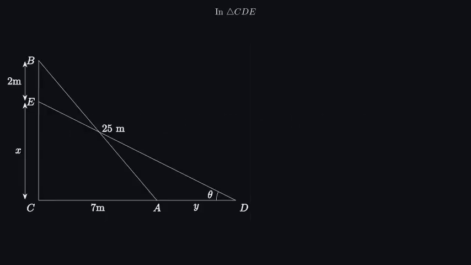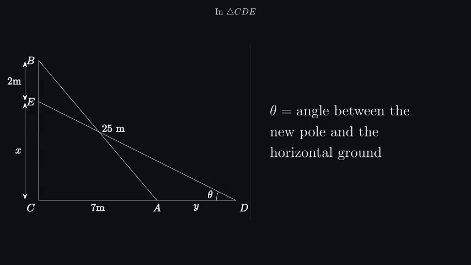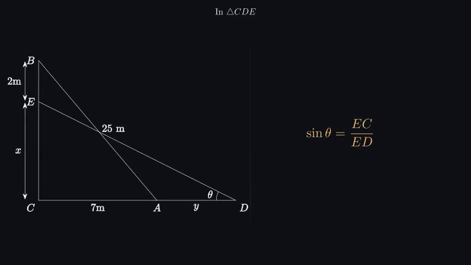Now we find the angle the pole now makes with the horizontal. This is the angle theta at the lower end D. In triangle CDE, the side opposite theta is EC equals 22, and the hypotenuse is the pole, ED equals 25. Since we know the opposite side and the hypotenuse, we use sine.